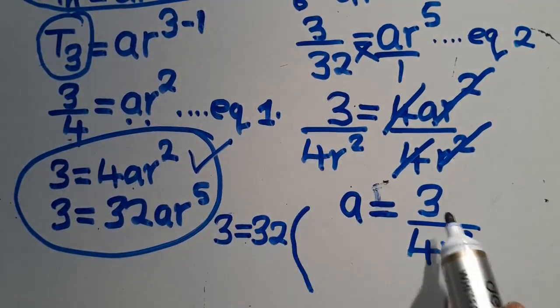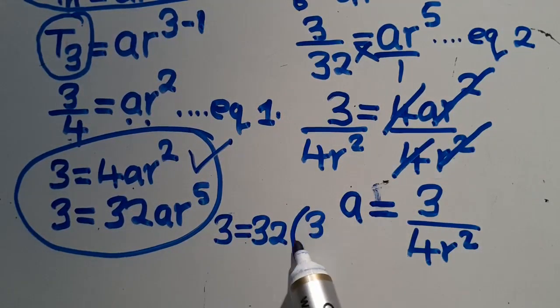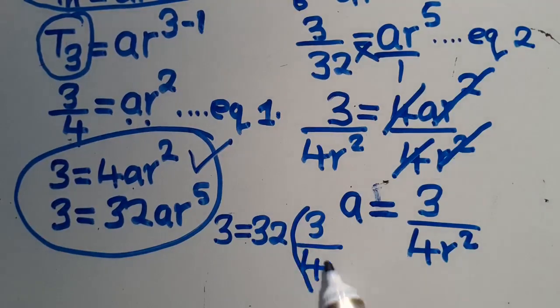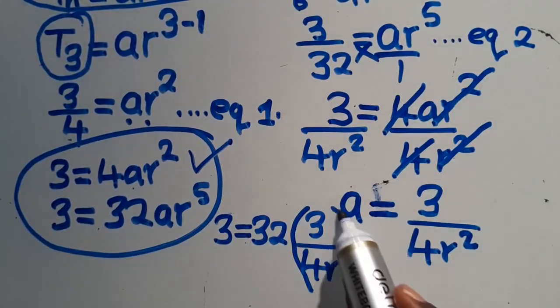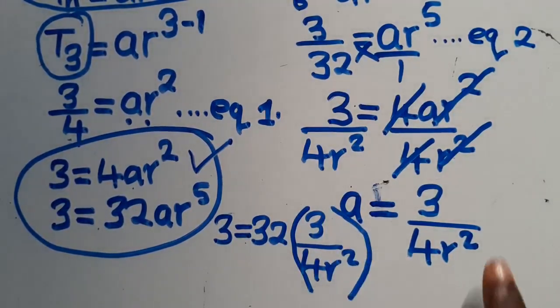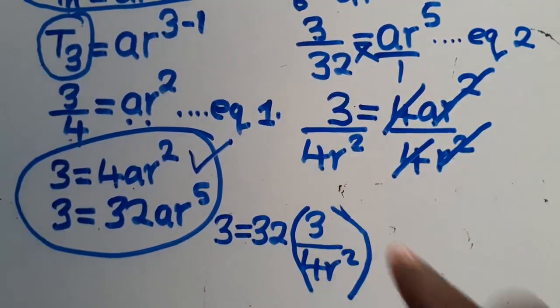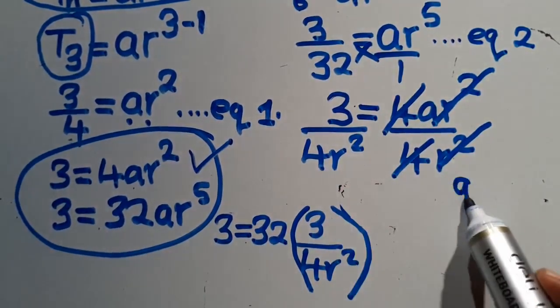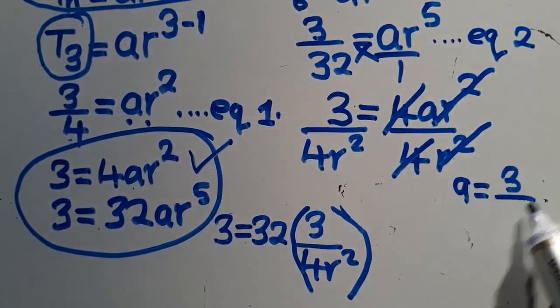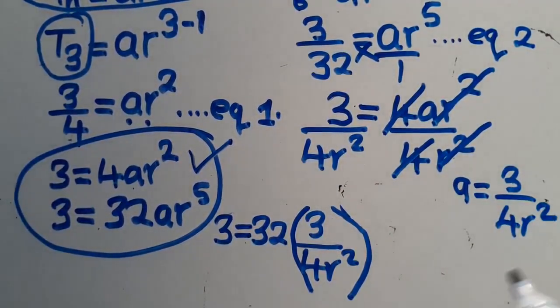What is my A? This is my A, 3 over 4r squared. I do this. So this one here, I'm going to write it here so that you see everything that I'm going to write. It is 3 over 4r squared.